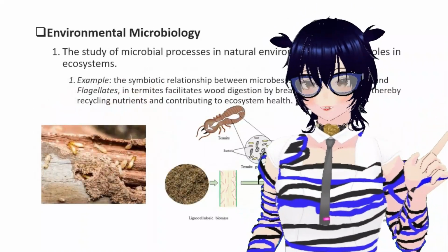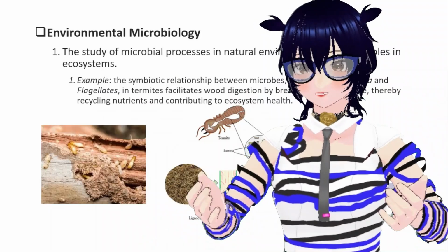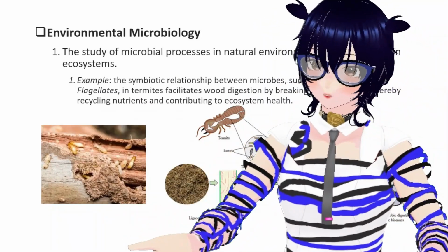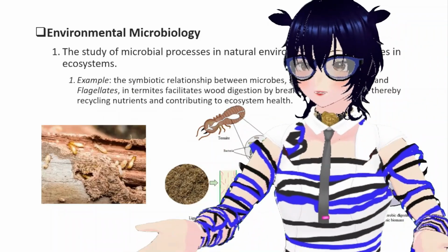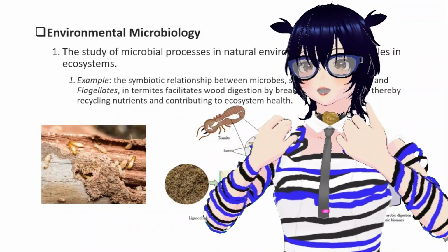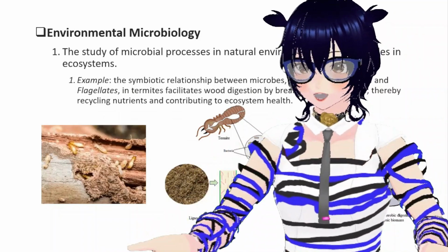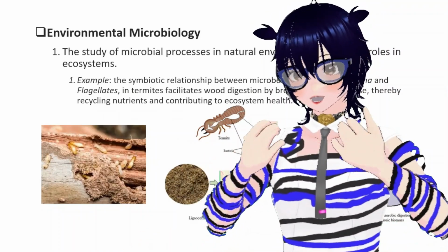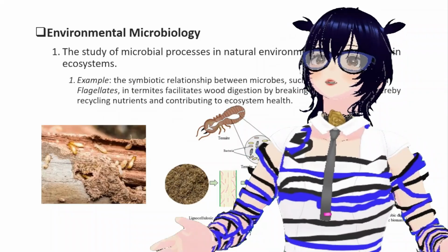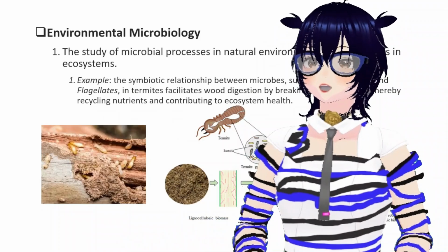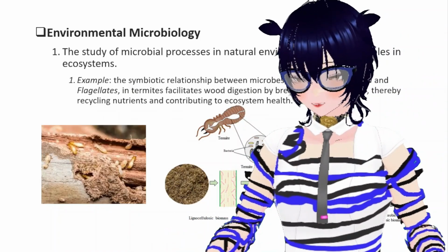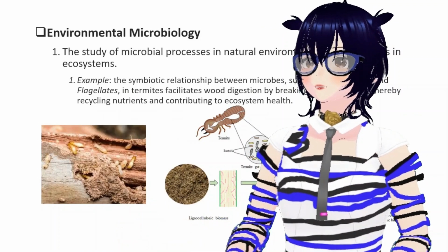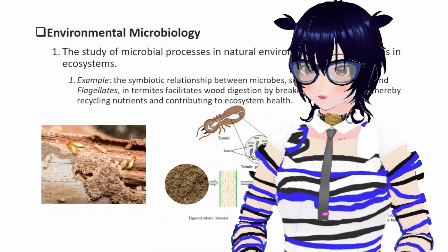Now comes the environmental microbiology. What is the microbial ecology and environmental microbiology? Actually, it has to do with one another. These are two different things. Why? It's because, let me explain. In microbial ecology, we just see how the microorganisms give to the environment or take from the environment.